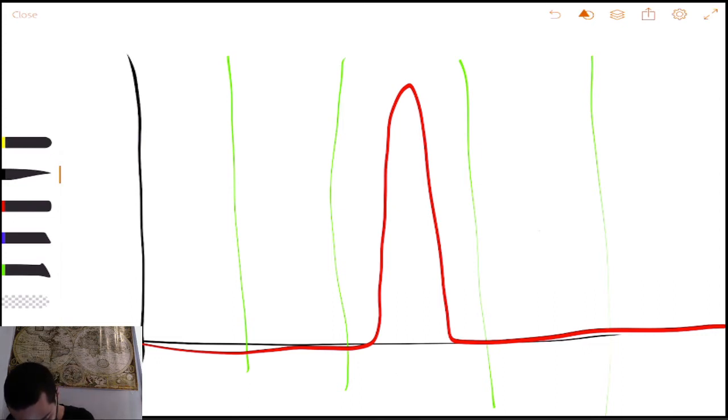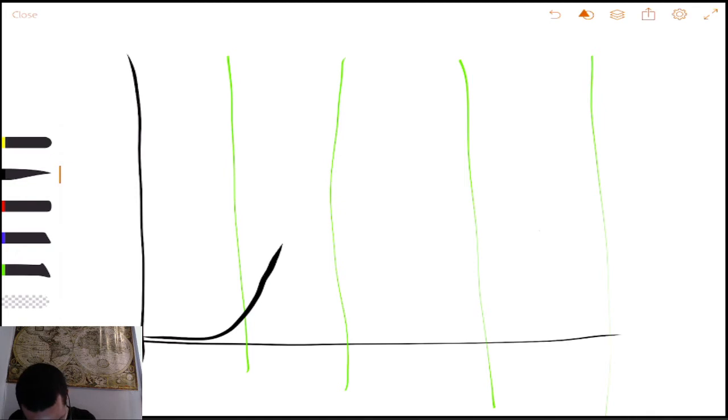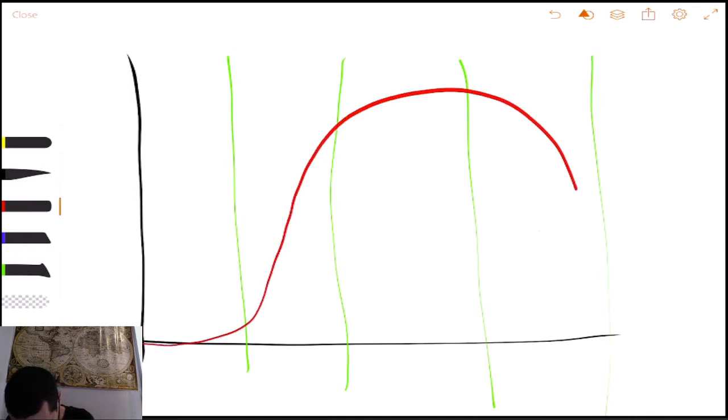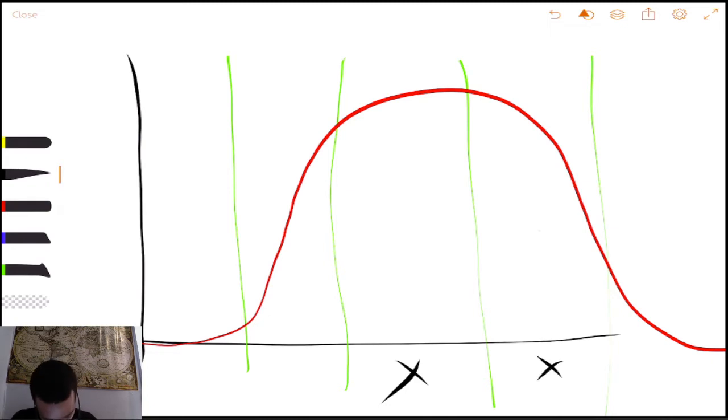Whereas if it's more spread out over standard deviations, it's most likely to be found in this one, but there's a good probability it could be found here. There's also a decent probability it could be found in here.